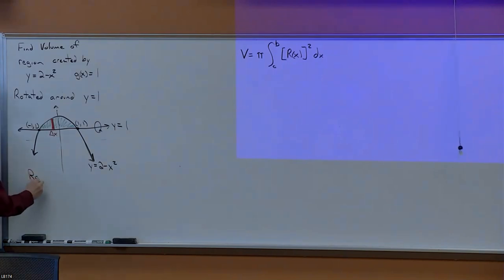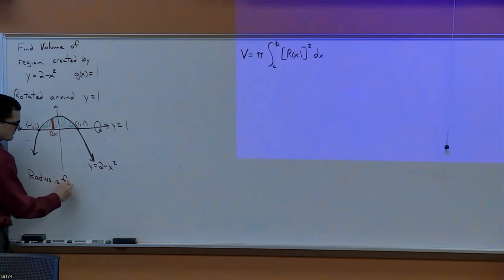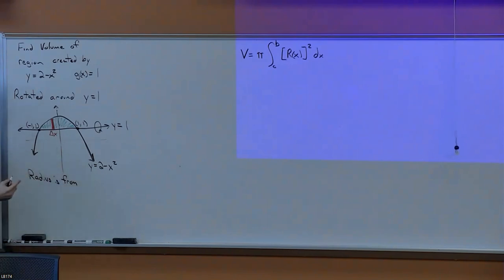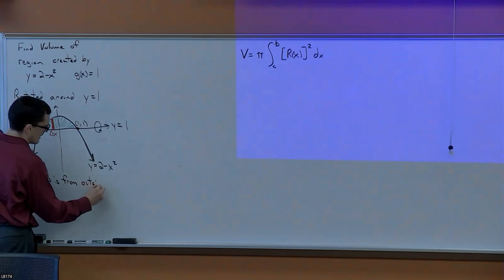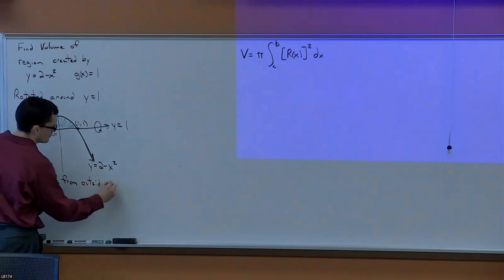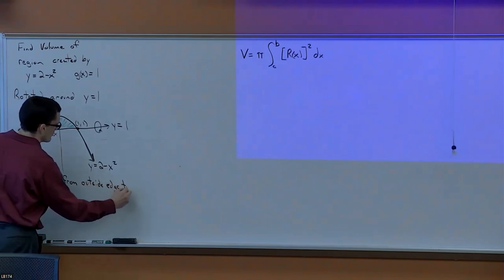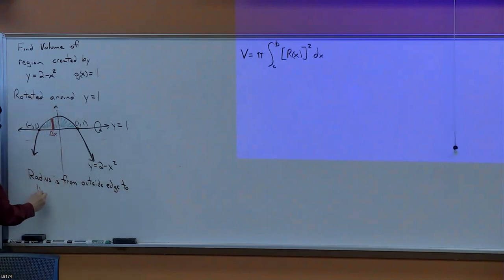Remember, the radius is from top of the rectangle, or outside edge, to line rotated around.